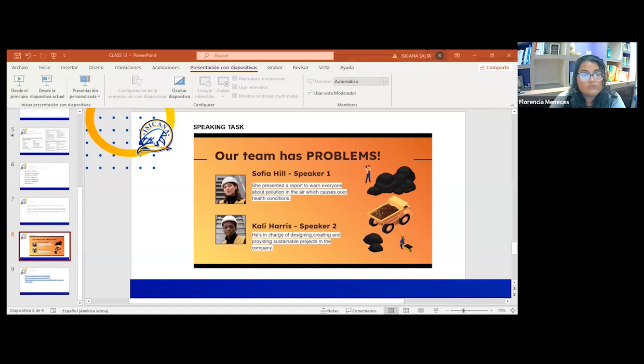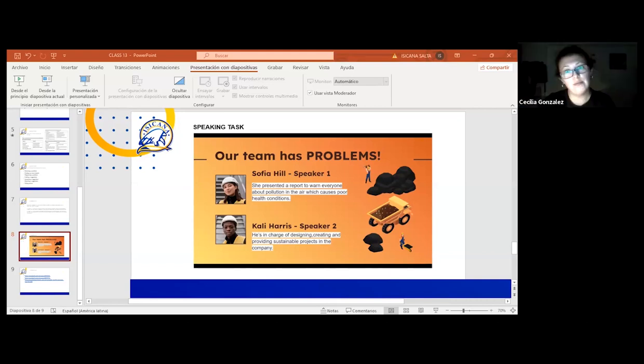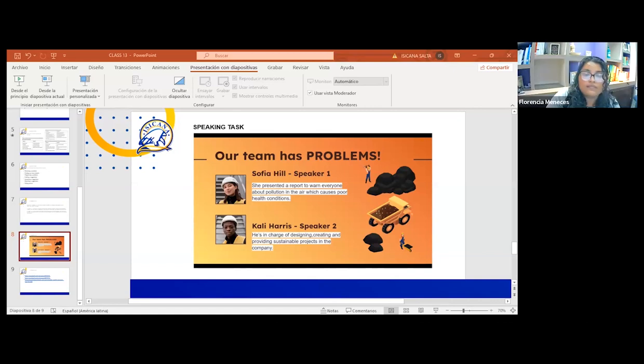Also, there are 13 mines. This might not be regarding all of the new projects, but there are 13, let's say, mining projects, mines or mountains in Argentina.